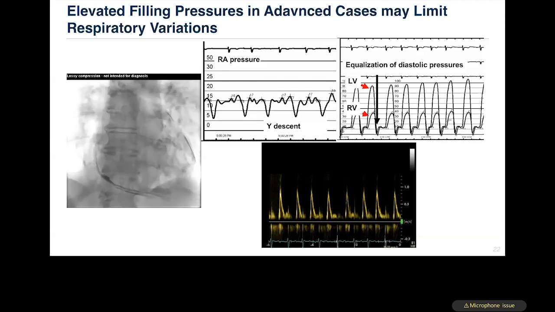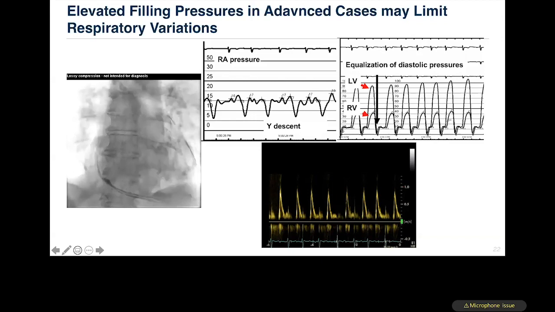this particular patient. If you see the transmitral E velocity, despite the changes in the RR interval and the patient having respirophasic cycles, the E wave is almost near the same. This is a patient who has got a very high filling pressure.